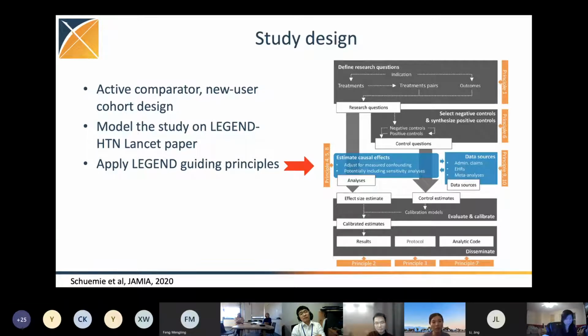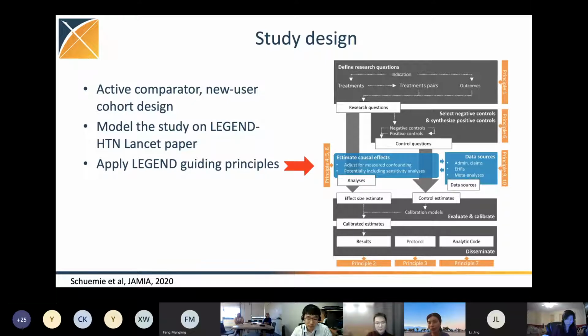You may already be familiar with this. Here we use the active comparator new user cohort design. This is the recommended study design for comparative effectiveness analysis. And as I mentioned before, we modeled this study on the previous Legend Hypertension Lancet paper. Martijn Schuemie and others published a paper in 2020 to summarize the 10 guiding principles of Legend.